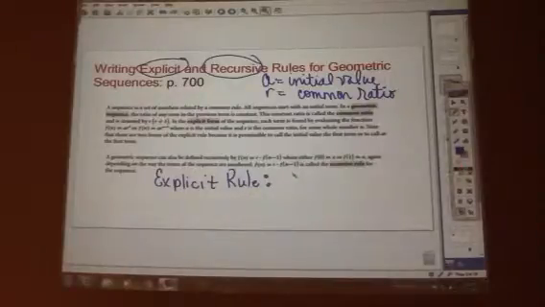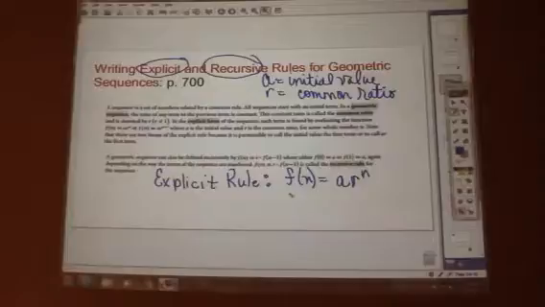The first one is f of n equals a r to the n power. f of n equals a r to the n power, where a stands for the initial value and r stands for the common ratio.